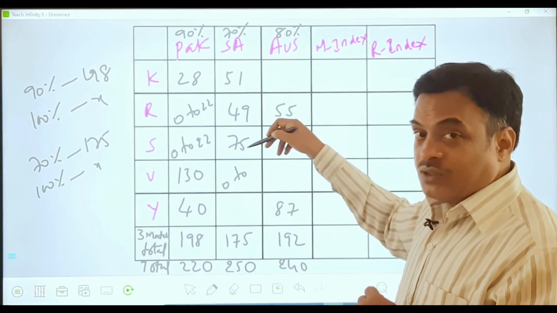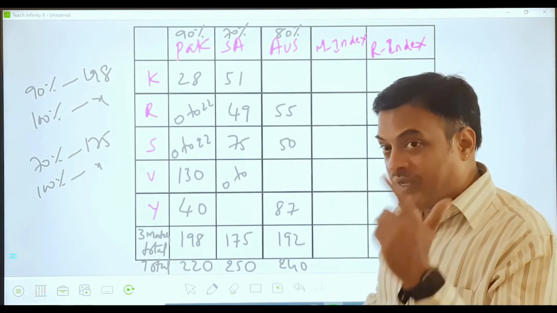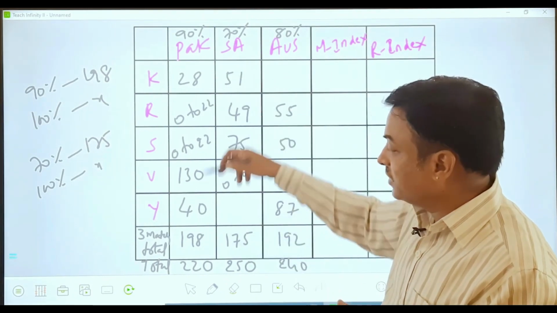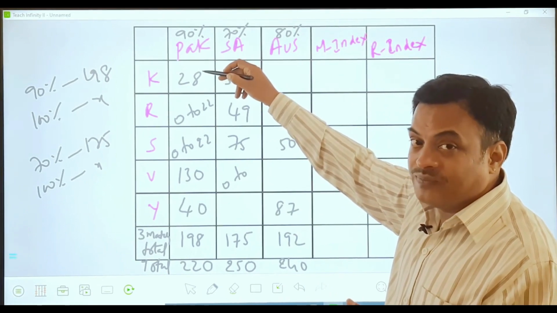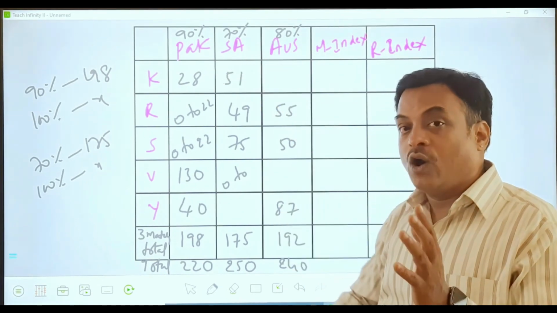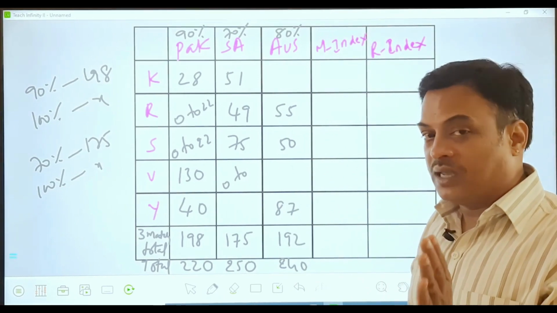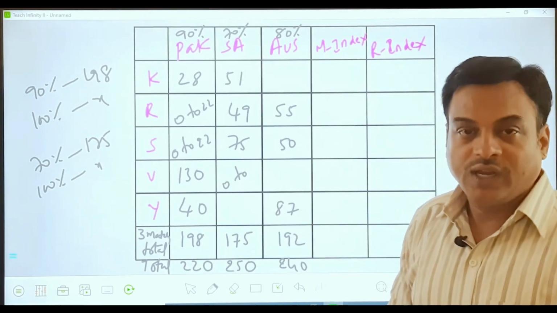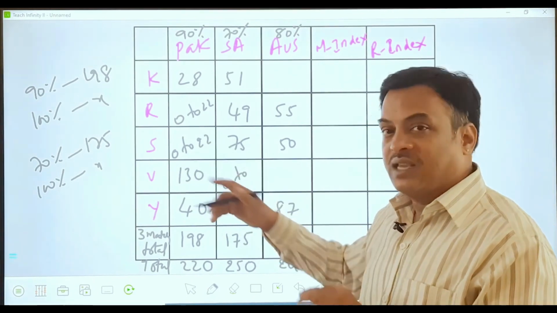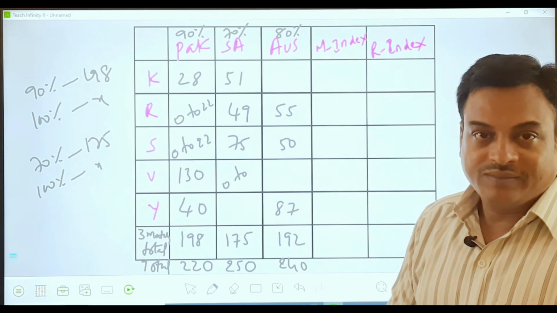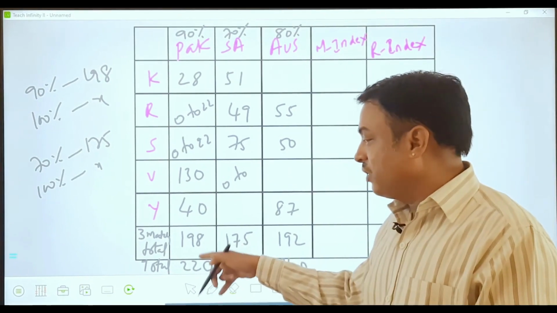So in this first case, the least of the top 3 we got as 28. So the other 2 players cannot make 28 or above 28 for sure. Anything less than 28 is fine. So 0 to 22 anything will be fine for both of them, but the total has to be a difference of 22.